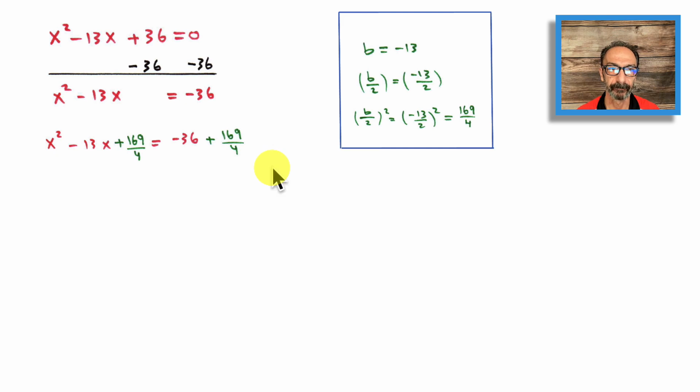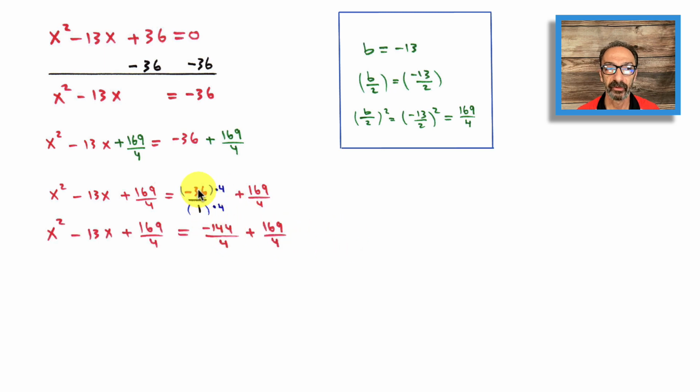As you could see, the left hand side needs to be added, and we add them by using the common denominator 4. So negative 36 is like negative 36 over 1. We multiply by 4, multiply by 4, and that will give me negative 144 on top.